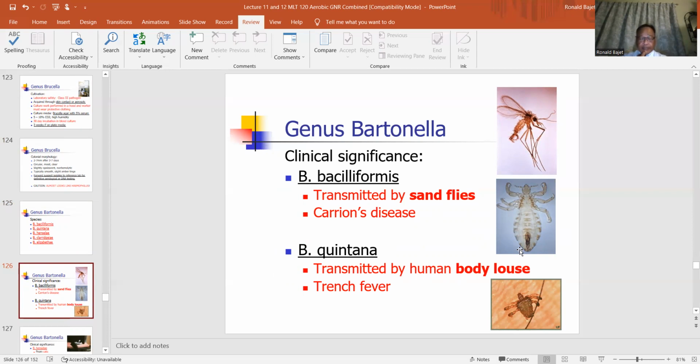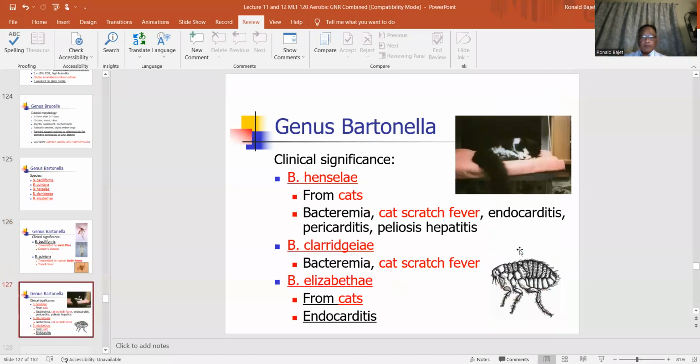Bacilliformis causes Carrion's disease. So make sure you know these diseases, Carrion's disease and trench fever. And it's transmitted by sandflies. So bacilliformis will cause Carrion's disease, and it's transmitted by sandflies. Quintana causes trench fever, and it's transmitted by the body louse or lice.